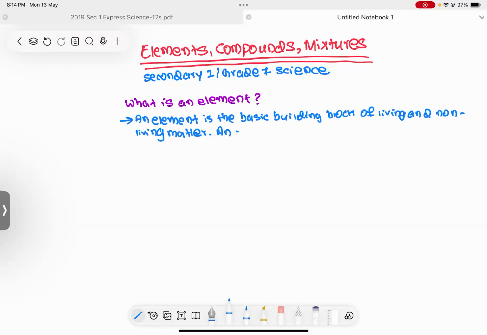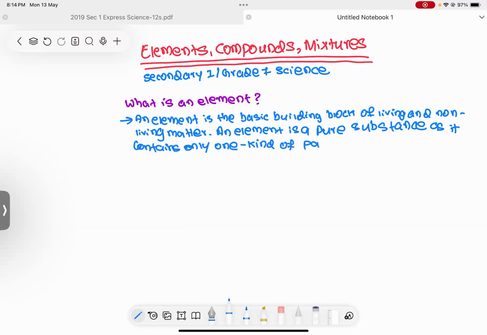An element is a pure substance as it contains only one kind of particle.